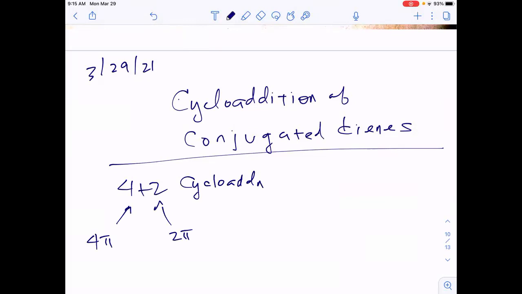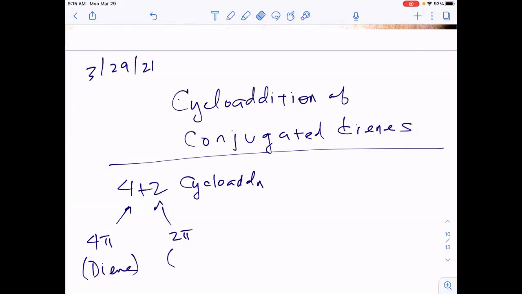The easy way to think about it is that a 4 pi system has 2 double bonds, or 4 pi electrons. It's a diene. And then this is just a simple, I don't want to say alkene, because you can actually use alkenes and alkynes.